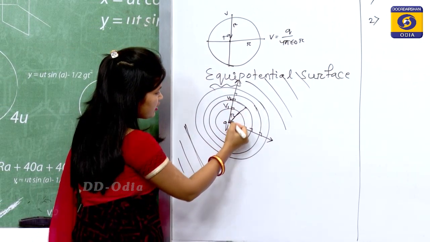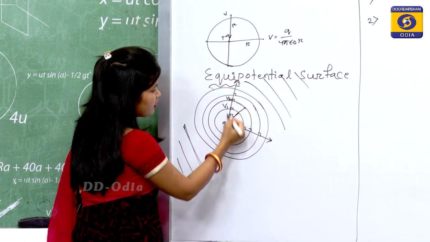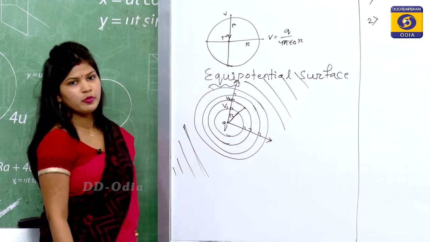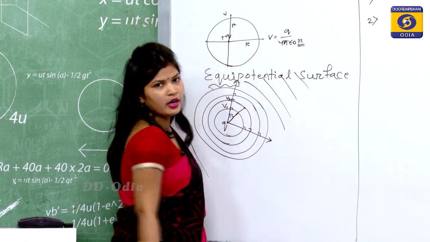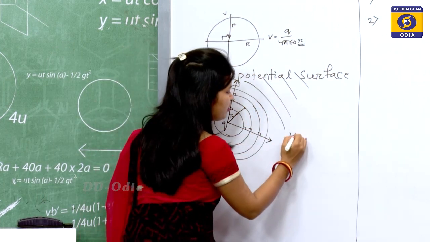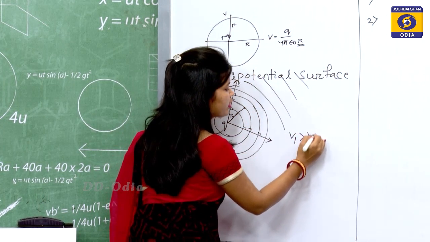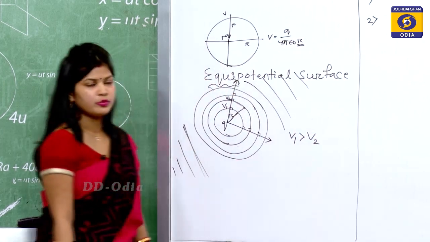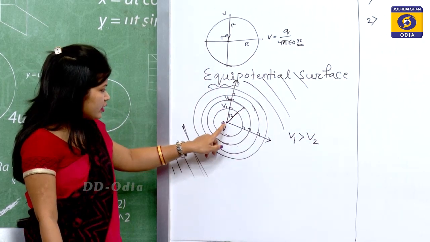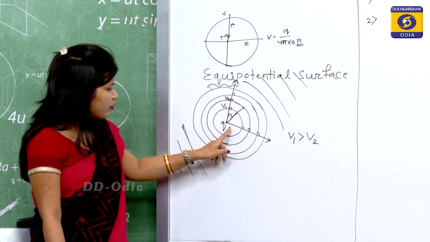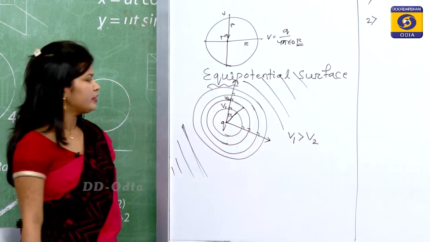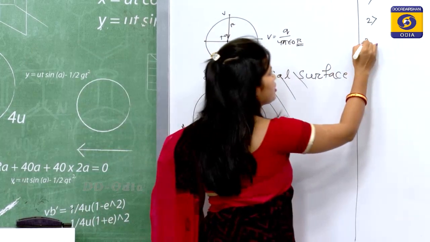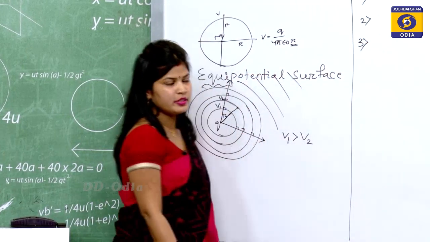This distance is larger, so V2 potential will be smaller, as V is inversely proportional to r. So, that is why V1 is always greater than V2, and electric field goes from higher potential to lower potential. Okay.